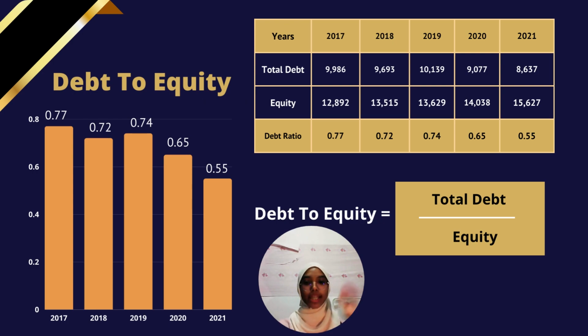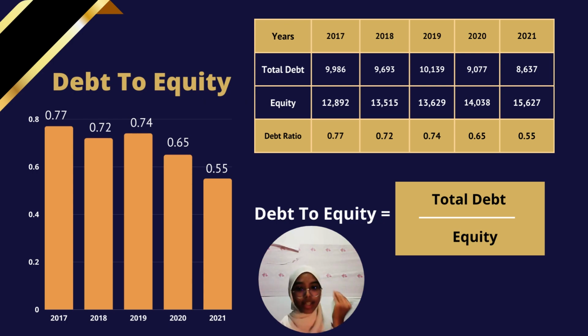Okay, the information for 2019 showed the second highest debt to equity ratio, which is 0.74. Sime Darby should make the important move according to the years explained previously.